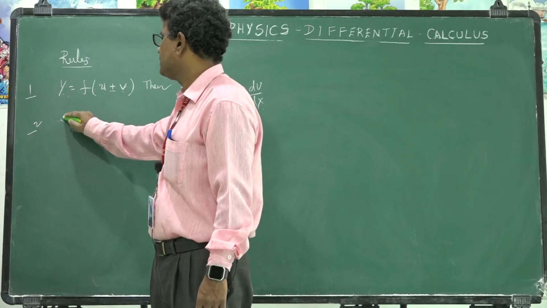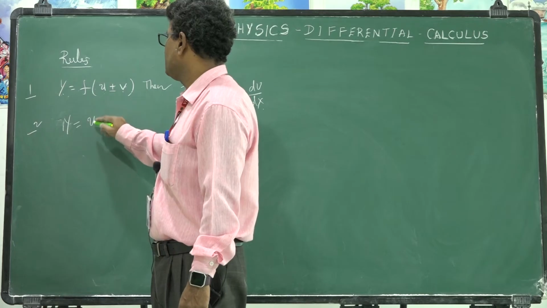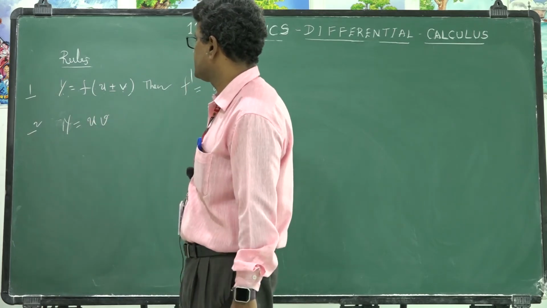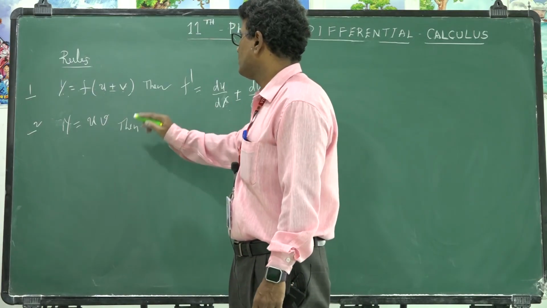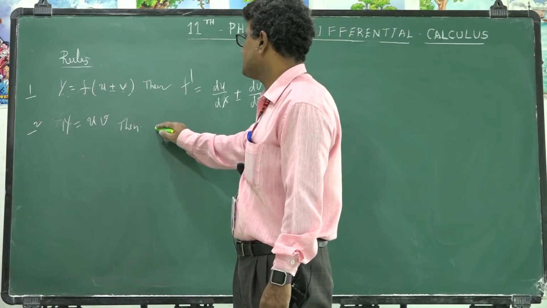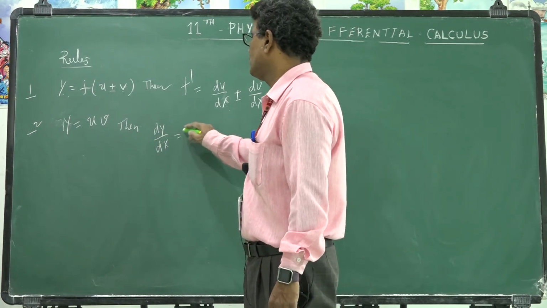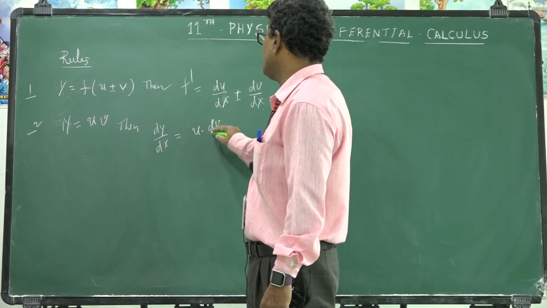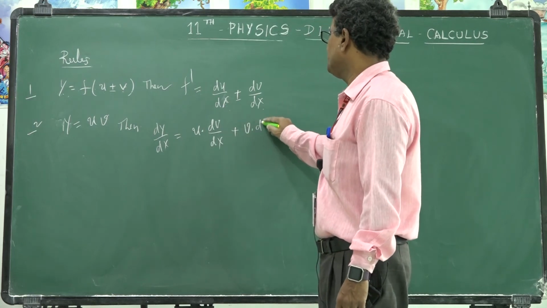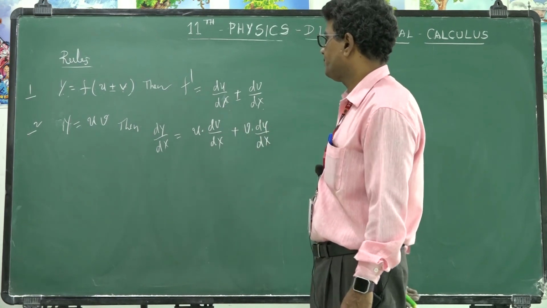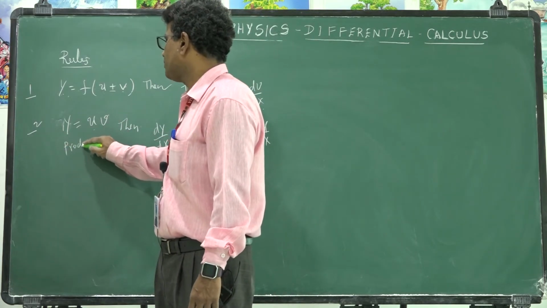And if this y is uv, in terms of u and v, then f dash, that is dy by dx, is u, the first function kept as it is, into dv by dx, plus v into du by dx. This is the product rule.